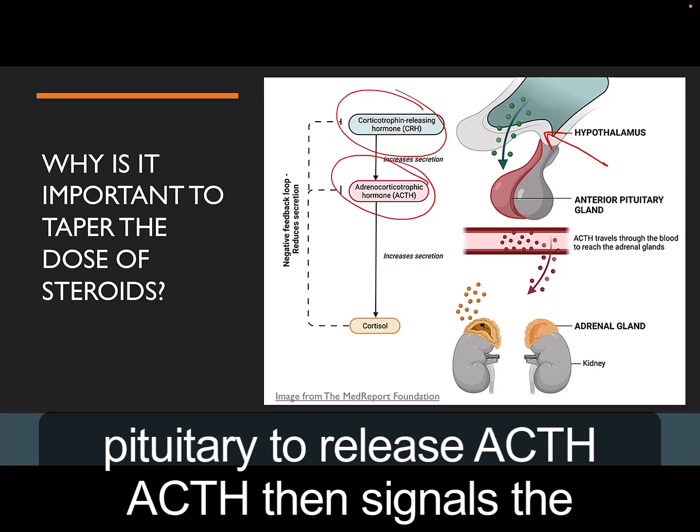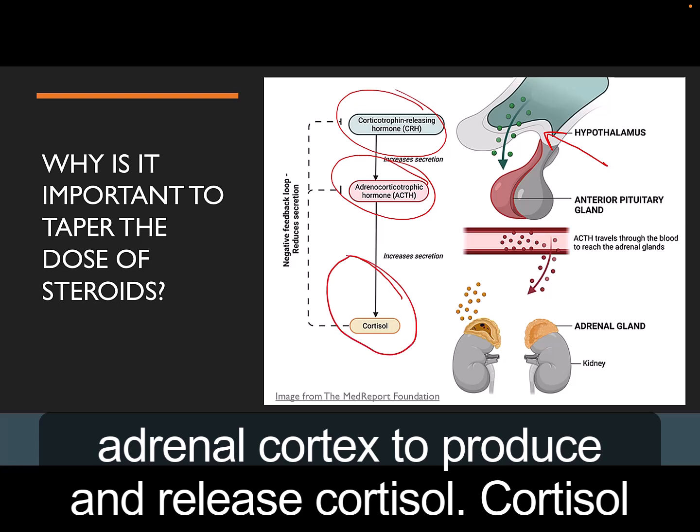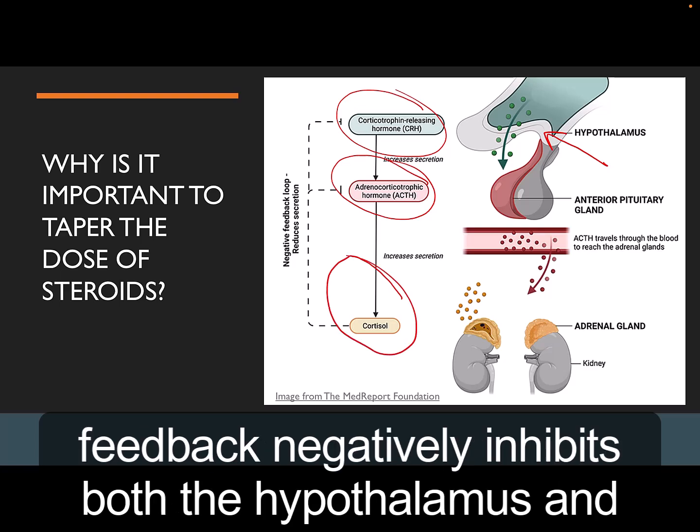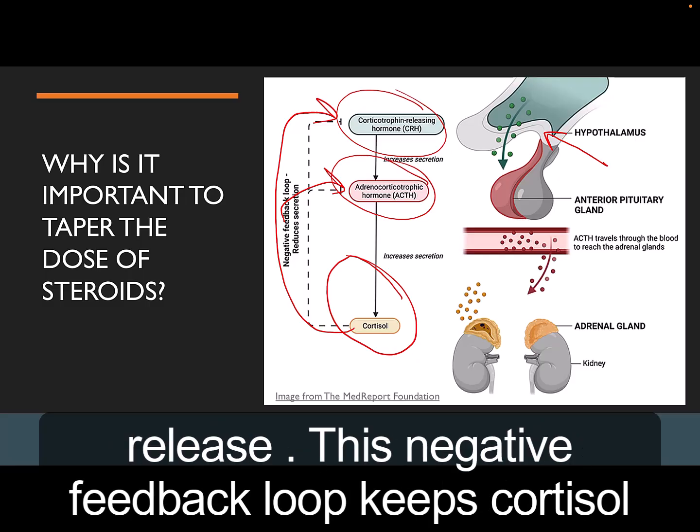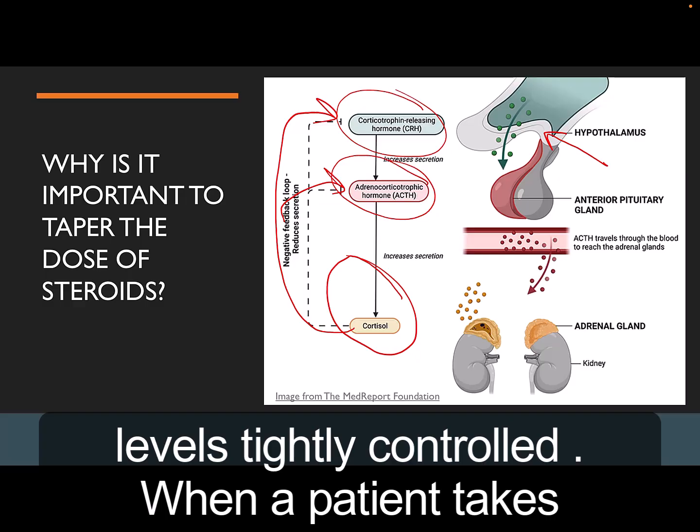ACTH then signals the adrenal cortex to produce and release cortisol. Cortisol feedback negatively inhibits both the hypothalamus and the pituitary, suppressing further CRH and ACTH release. This negative feedback loop keeps cortisol levels tightly controlled.